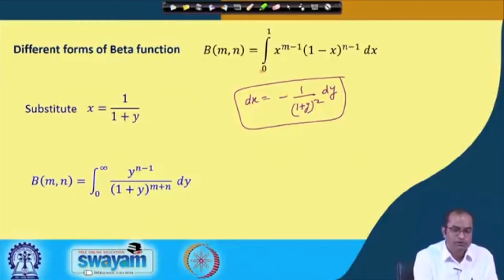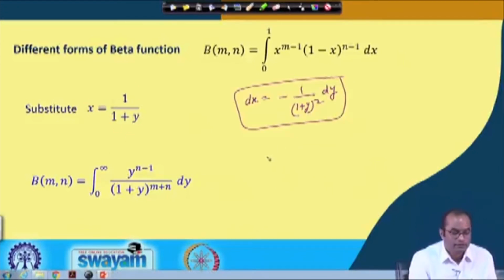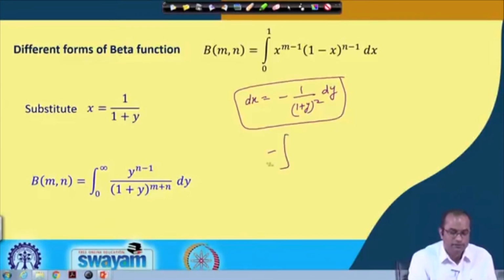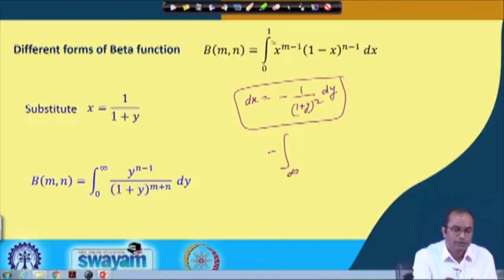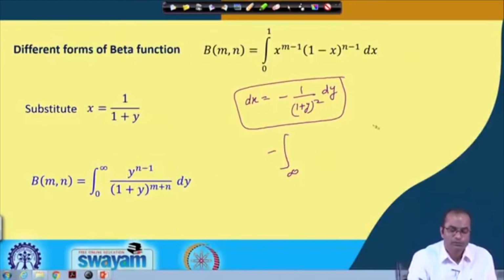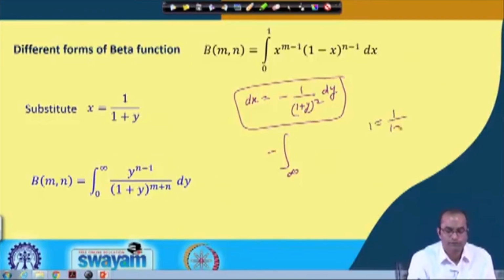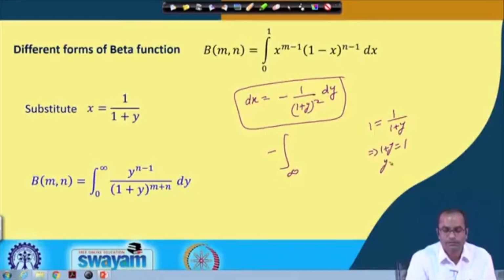Let us talk about the limits. When x approaches 0, y approaches infinity. So, we get this integral with a minus sign, going to infinity. When x approaches 1, y will approach... 1 is equal to 1 over 1 plus y, that means 1 plus y is equal to 1, so y is 0.